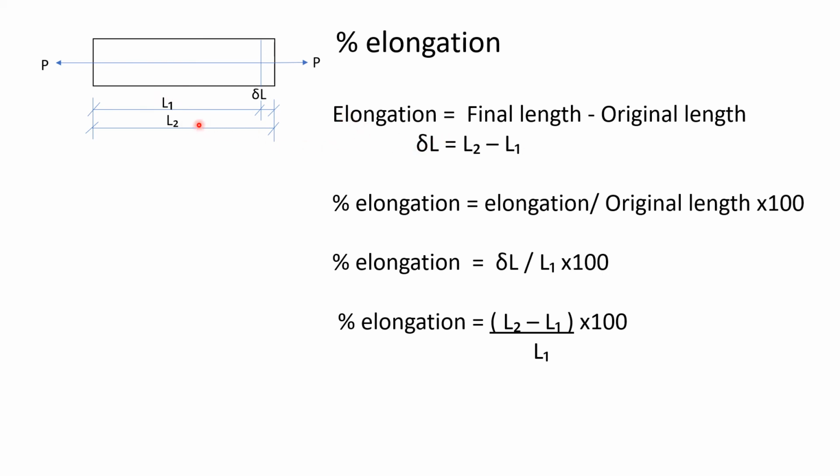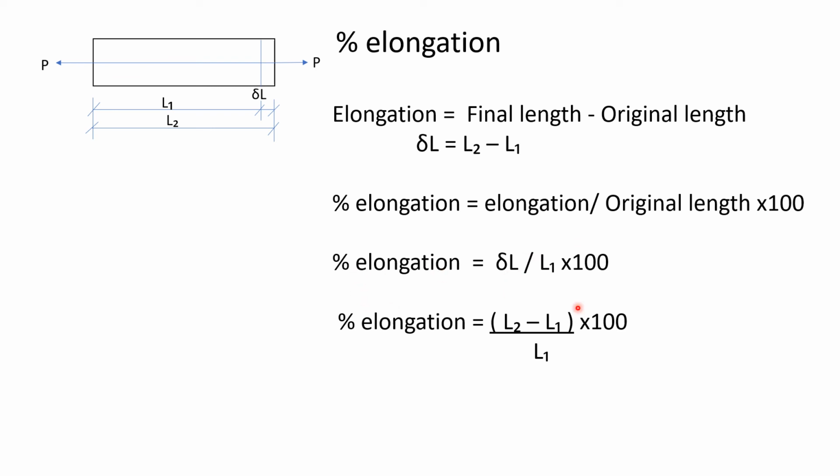and after elongation L2 is the final length. Then the elongation will be final length minus original length. So L2 minus L1 is delta L, that is the elongation or change in length, and percentage elongation will be elongation divided by the original length into 100.